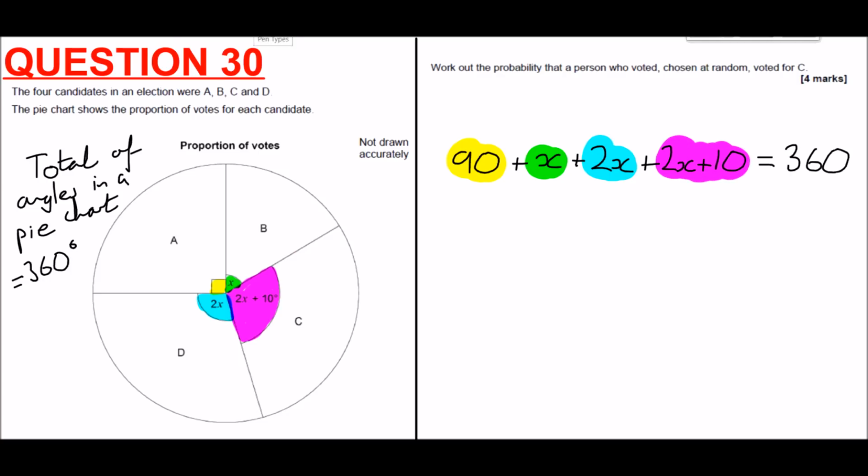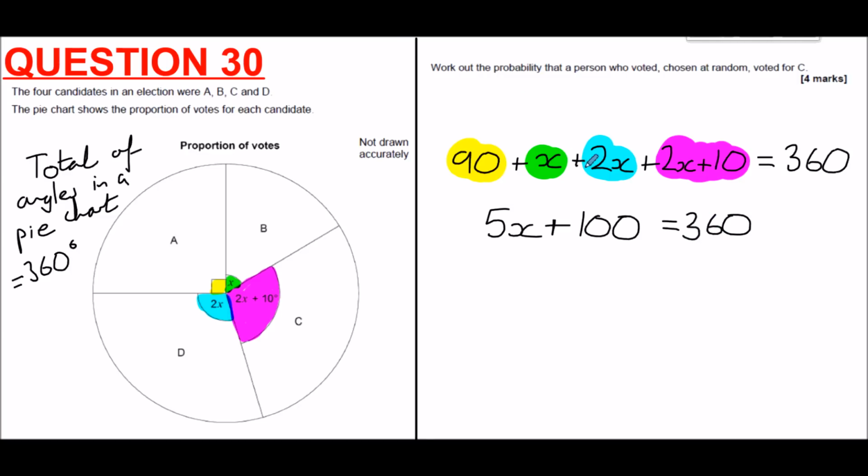Now what we can do is simplify this part of the equation. And so have a look at the x's. We've got 1x here, plus another 2x's, plus another 2x's. That would give us a total of 5x's, and 90 plus 10 gives us 100. And so once we simplify this down, what we'd get is 5x plus 100 equals 360.